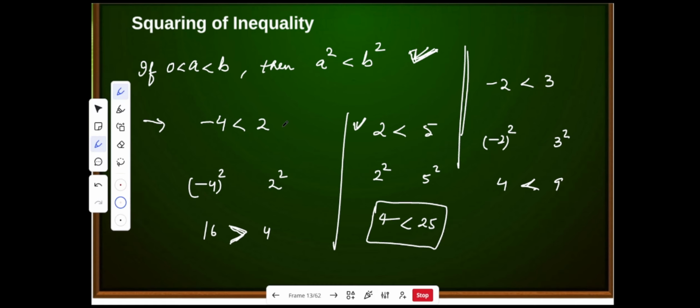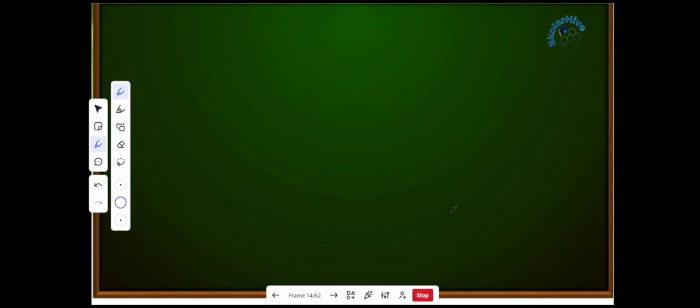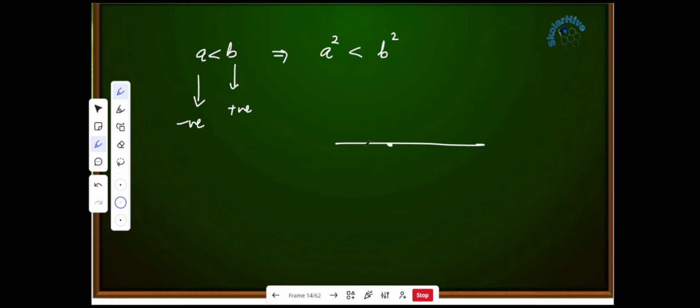See here, if a is less than b and here this a is negative, b is positive, and we are taking a square of a and a square of b, then this inequality sign will not change only if the distance of this point minus a from the origin is less than the distance of the point b from the origin.